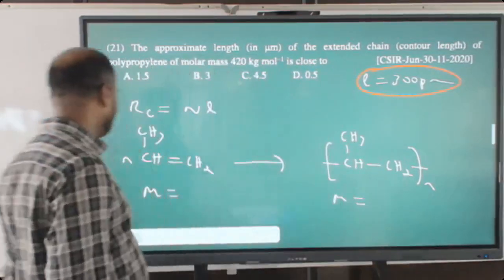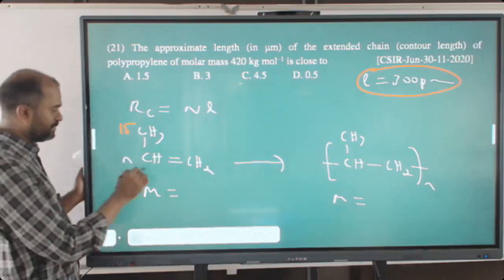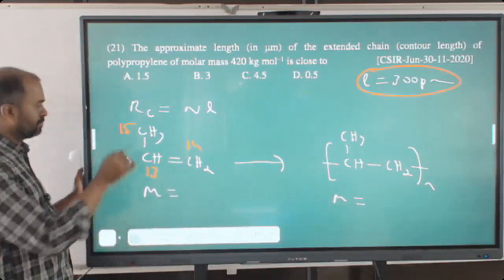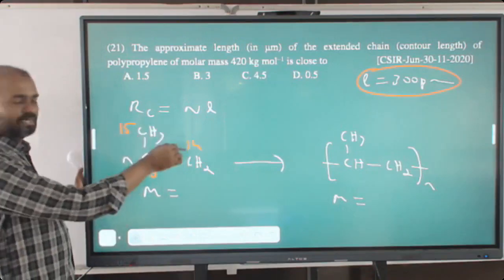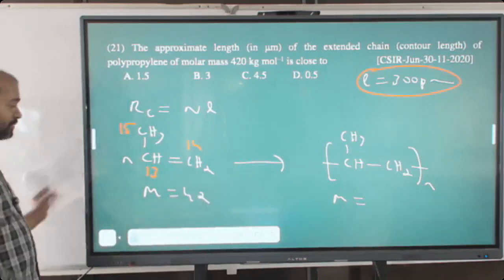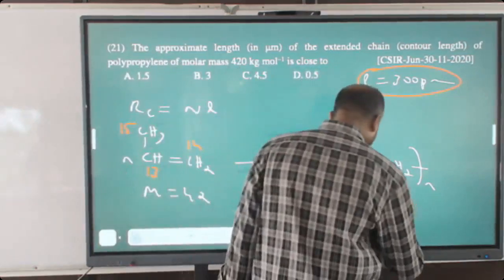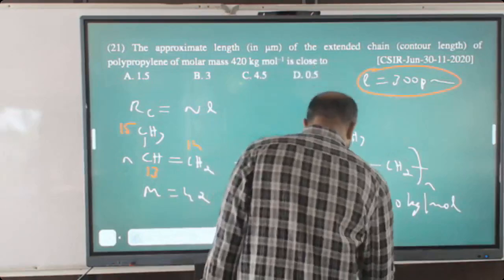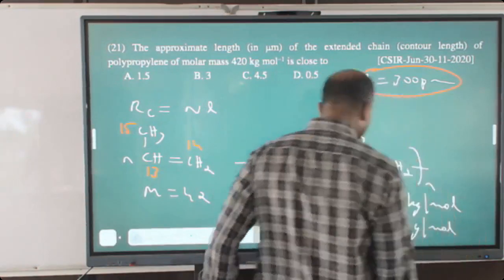CH3 is 15, CH is 13, CH2 is 14. 15 plus 13 is 28, plus 14 is 42. Molar mass of propylene is 42. And molar mass of the polymer is 420 into 10 raised to 3 gram per mole.